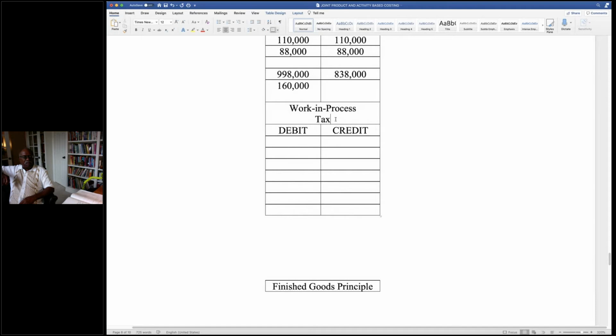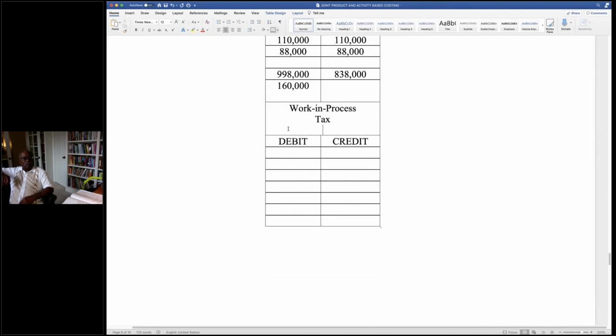So 5,000 and 4,000 is what goes in red, and then it's gonna be 400,000 on that side, 150,000, 150,000, 90,000, 72,000.